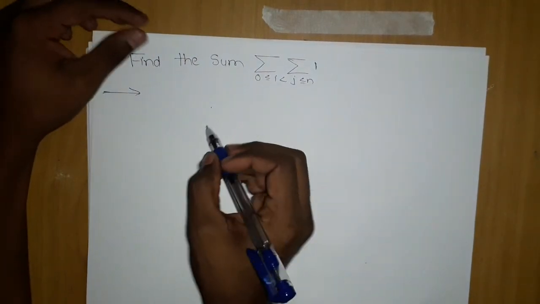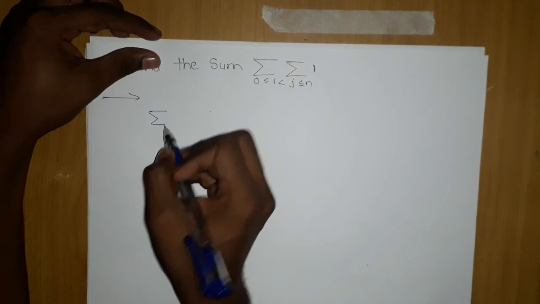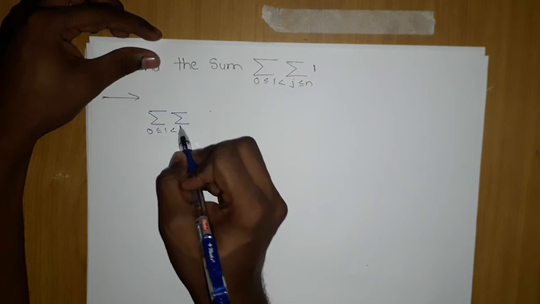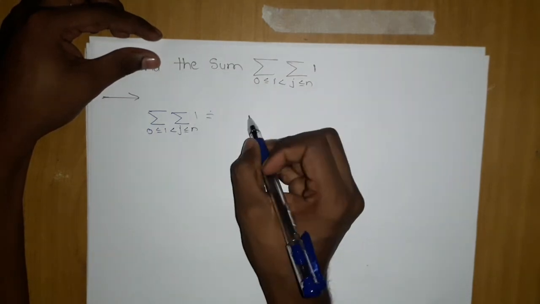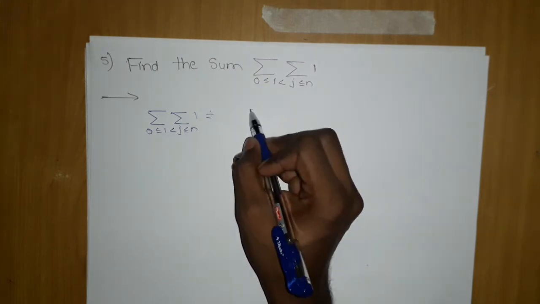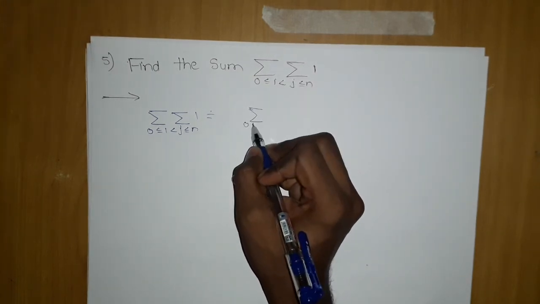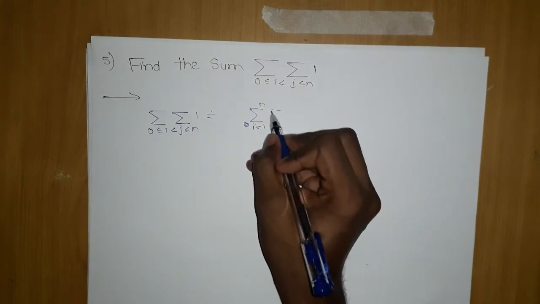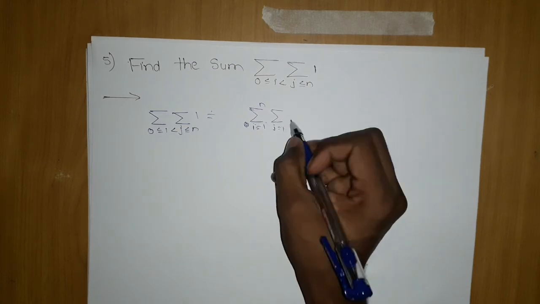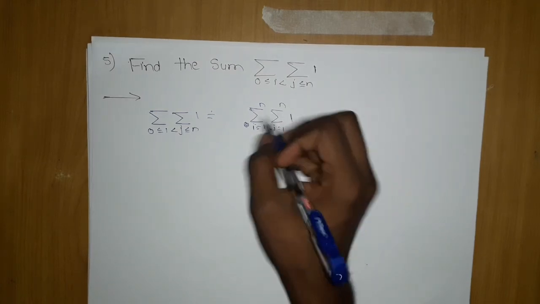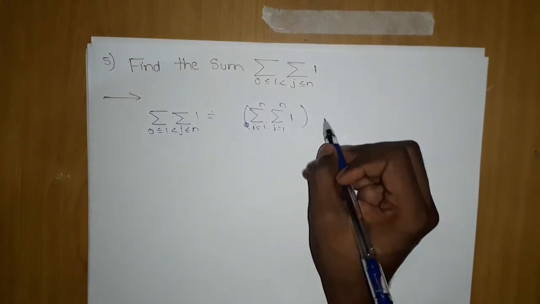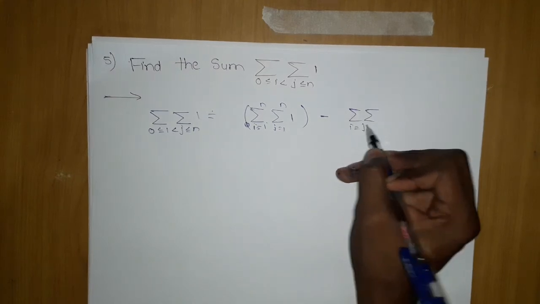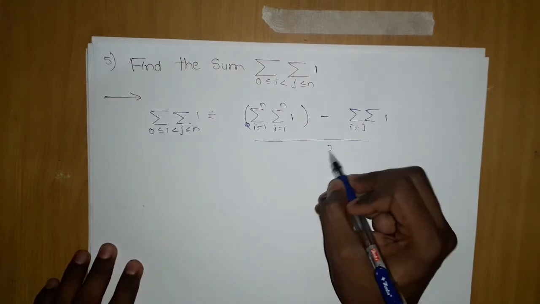We want to find this. We have already seen it, so you need to keep in mind both the theoretical and the alternative formula so that your job is done. This is nothing but the summation for i equals 1 to n, summation j equals 1 till n, of 1, minus the summation over i equals j of 1, upon 2.